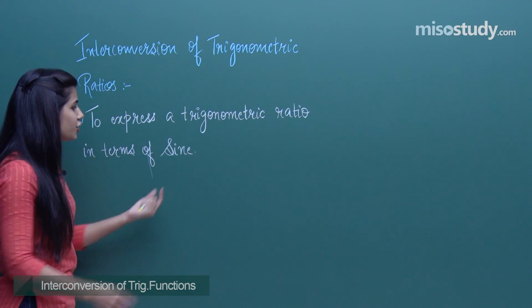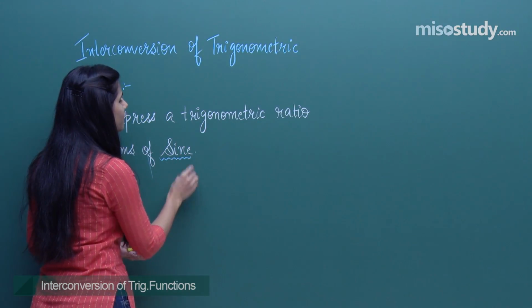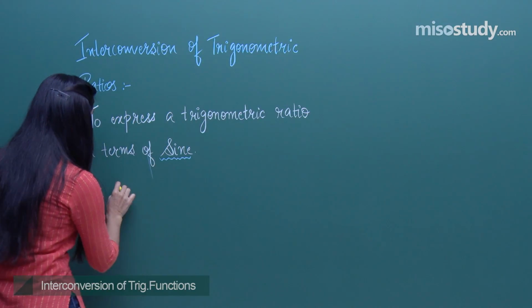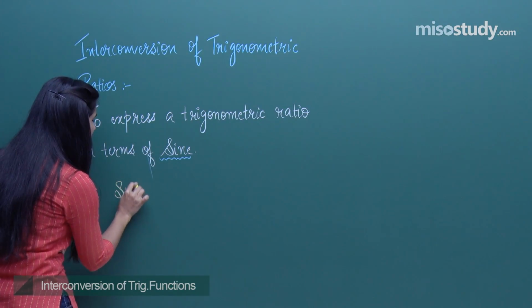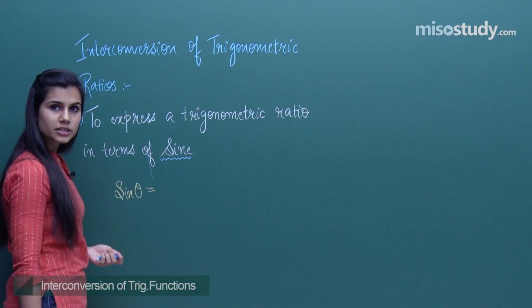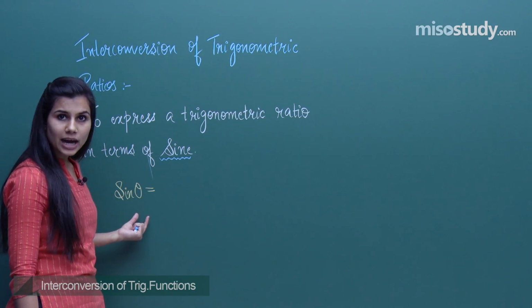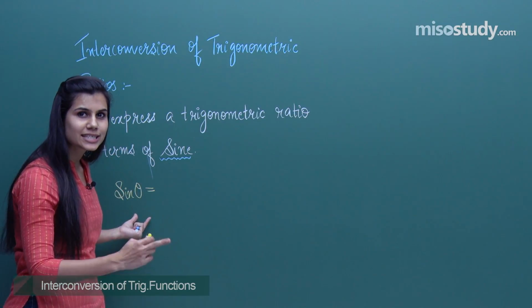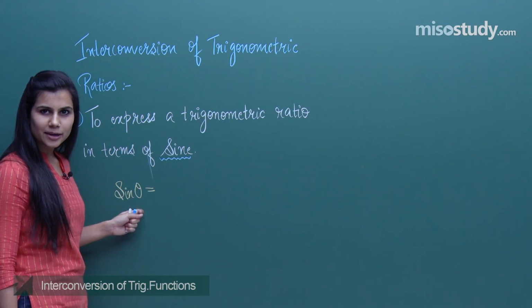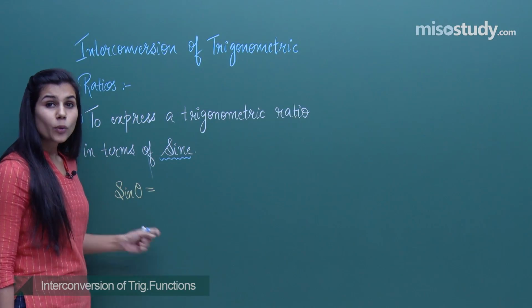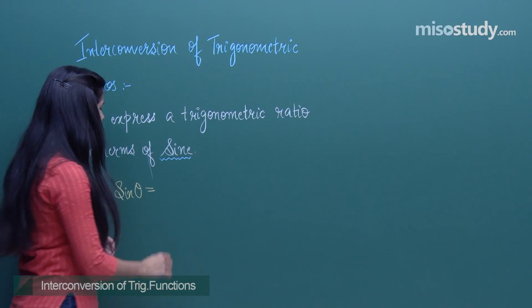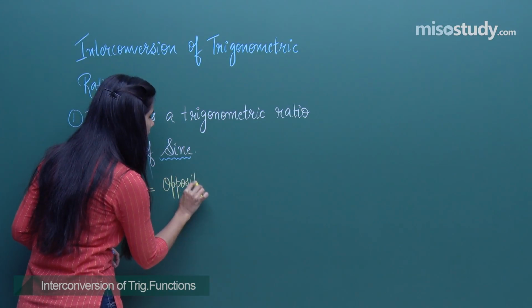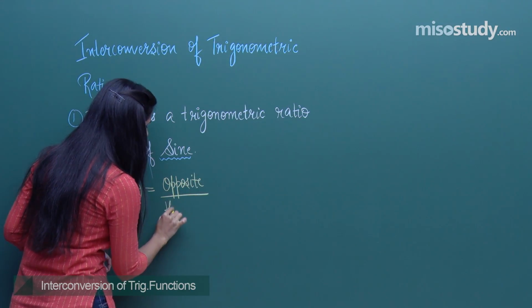But before that, you should be very much aware of the behavior of sine. We all know that sine of any angle is what? You need to pick up the opposite side of this angle theta and take its ratio with the hypotenuse, and therefore you get opposite upon the hypotenuse.